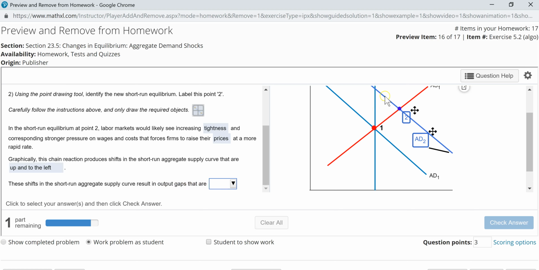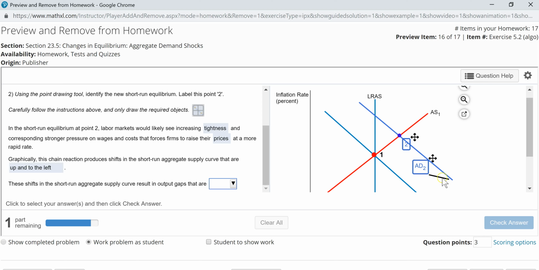So if you shift the AS curve like this, the AD curve is right here, so the AS curve shifts like this, and the new equilibrium is right here. So the gap between the output, the initial gap is here. Now the gap is somewhere here. So the gap will shrink. The gap is narrowing.